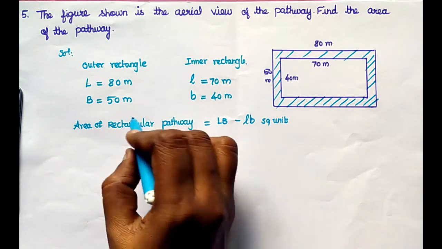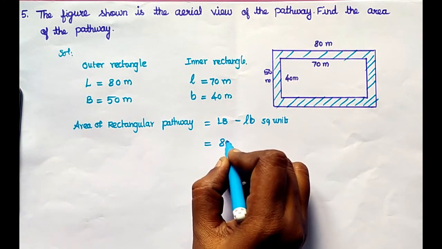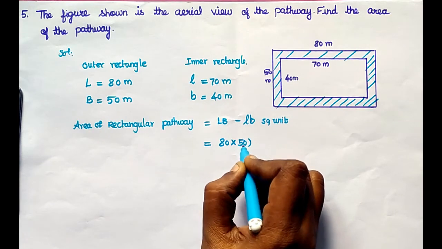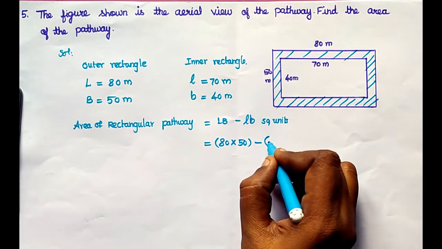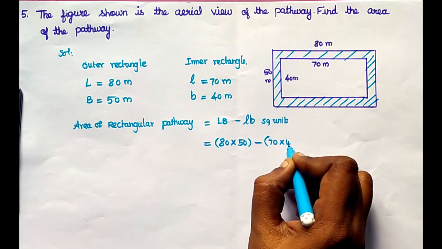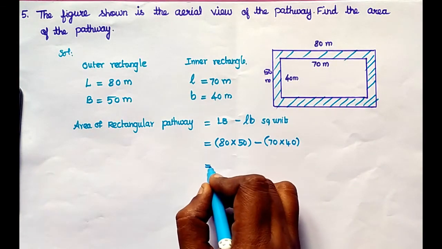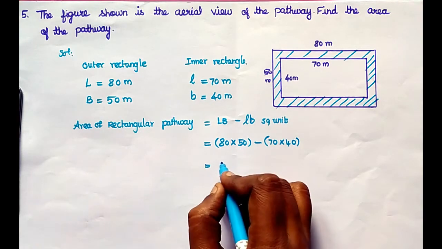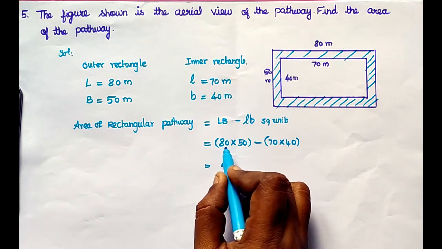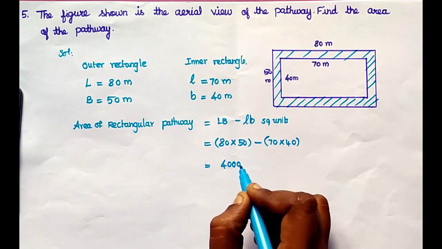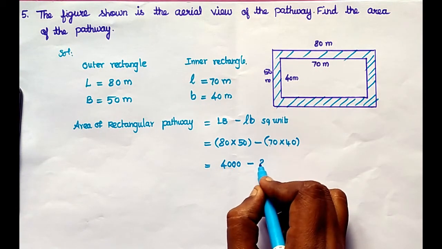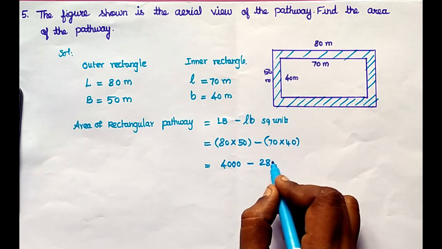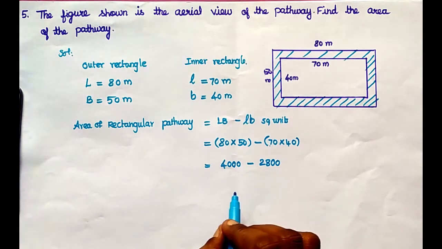Listen, LB, that is 80 into 50 minus 70 into 40. 8 5s are 40. Here 1 0, here 1 0. So put 2 zeros. Minus 7 4s are 28. Here 1 0, here 1 0. Put 2 zeros.